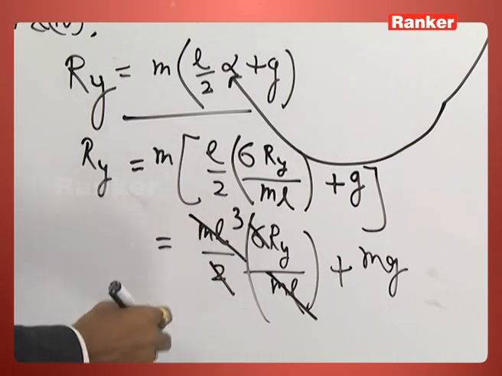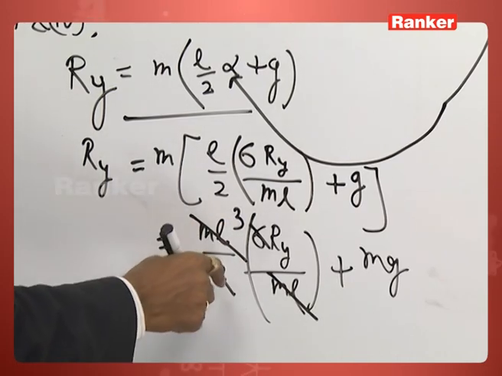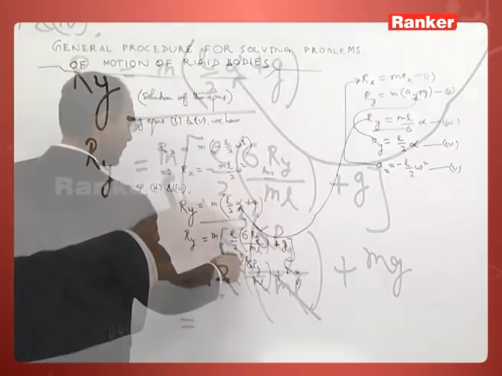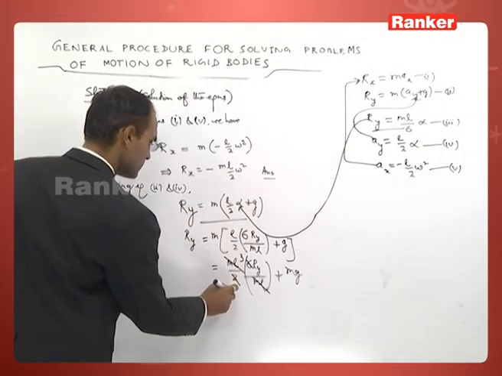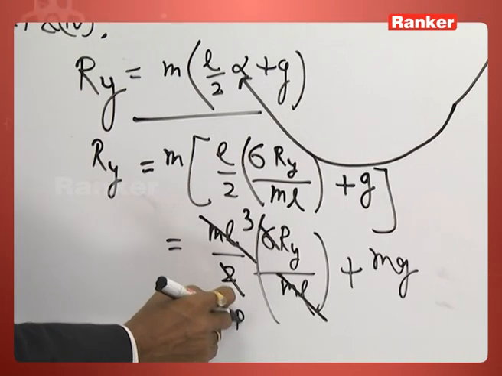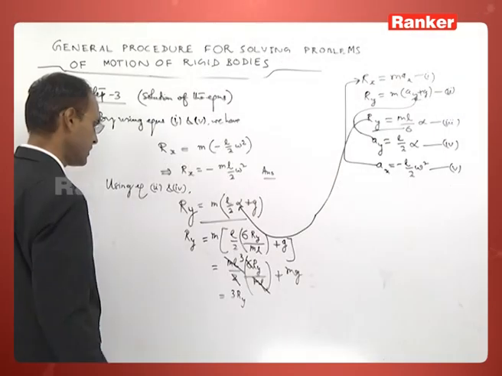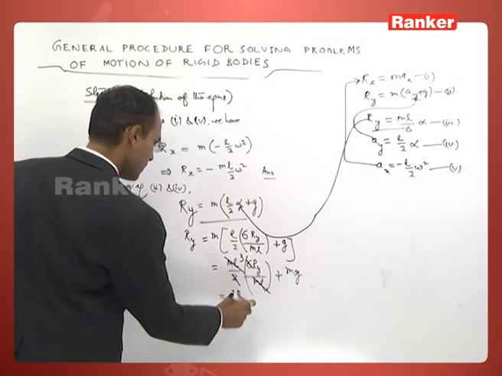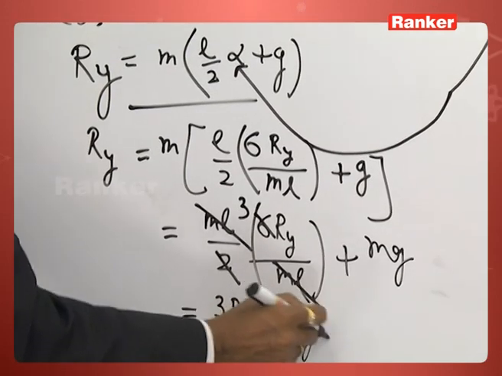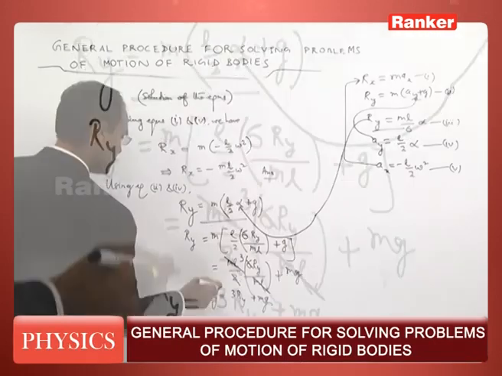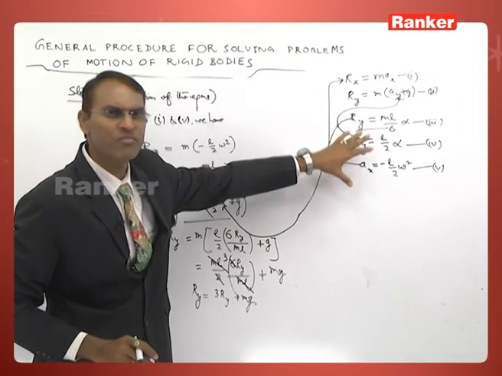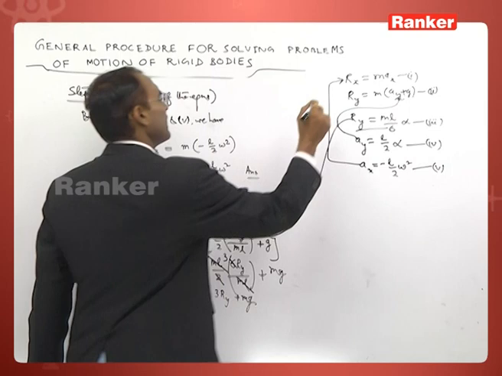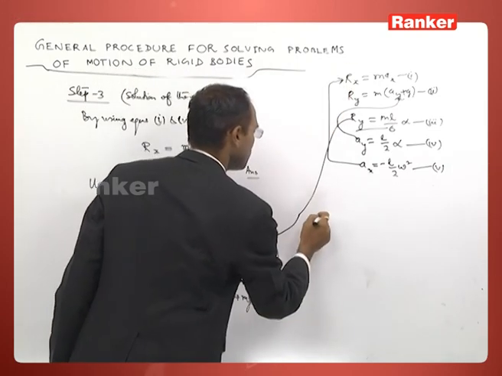So if you cancel, we are getting 3 in the numerator, that is 3 Ry plus mg is equal to Ry. Here we have all 5 equations. This is absolutely correct.